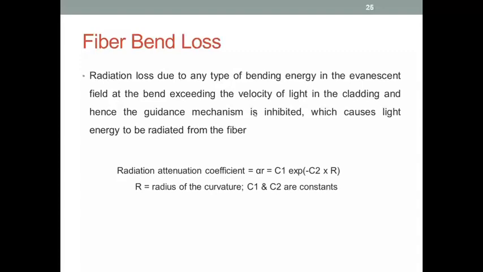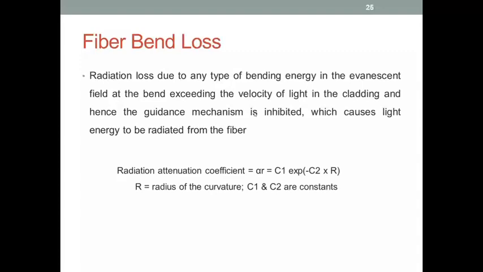So radiation loss is due to bending of energy in the fiber at that particular radius of curvature wherever it is bent, if it is exceeding a certain angle, so we'll call it the critical angle or the radius of curvature.